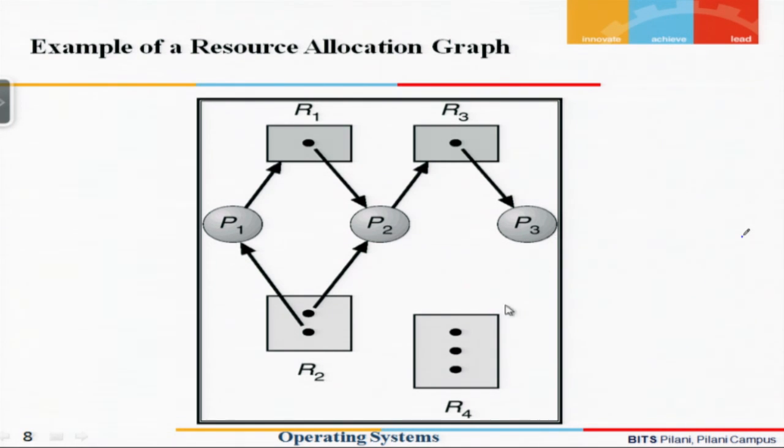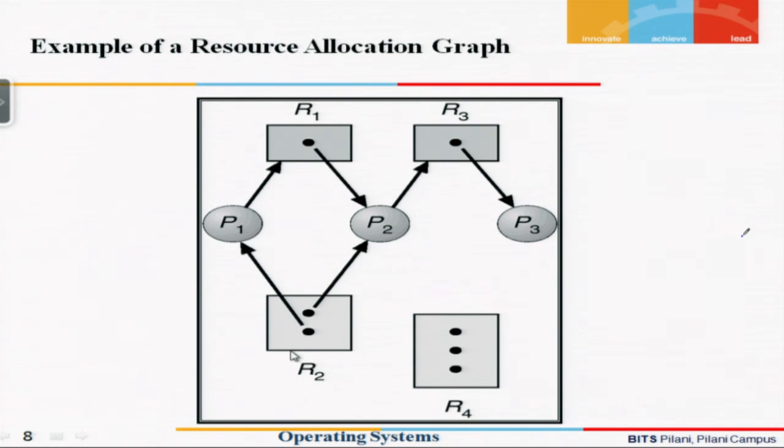Then while talking about resources, we can say that there is one instance of resource R1 in the system, and there are 3 instances of resources R2 and R3 in the system.